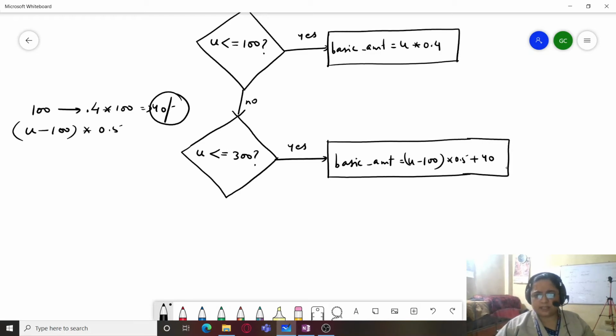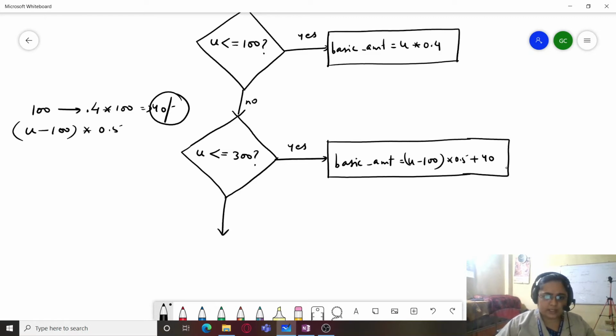So I will be deducting 100 units from the total number of units entered by the user, multiplying that by 0.5, which is the rate per unit for the second slab, and add 40 rupees, that is the total cost for the first 100 units, to this, right?